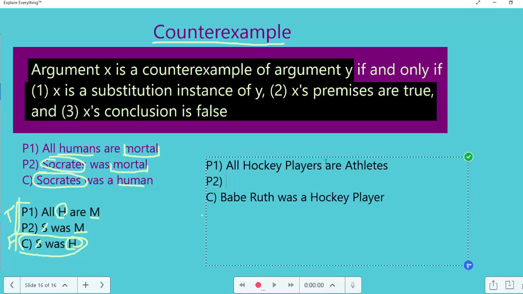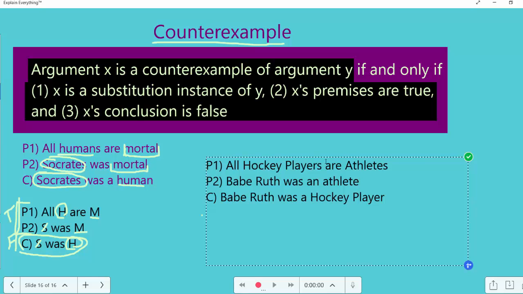And then we can say that Babe Ruth was an athlete. Maybe you would even be nitpicky about whether Babe Ruth was an athlete. You've got pictures of him being not in shape and everything back then. But I think, given how good he was at baseball, that we should probably count him as an athlete.